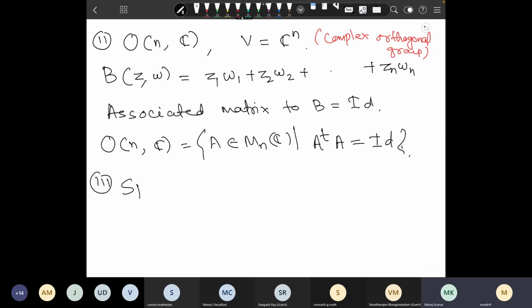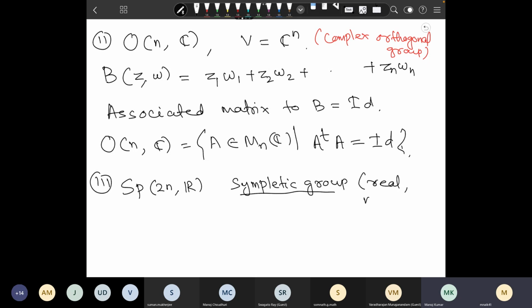Third is Sp(2n,R). This is called the real non-compact symplectic group. Actually there are many symplectic groups, so when there is some confusion, you call this the real non-compact symplectic group.